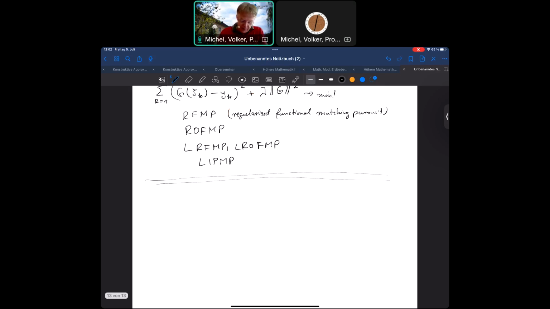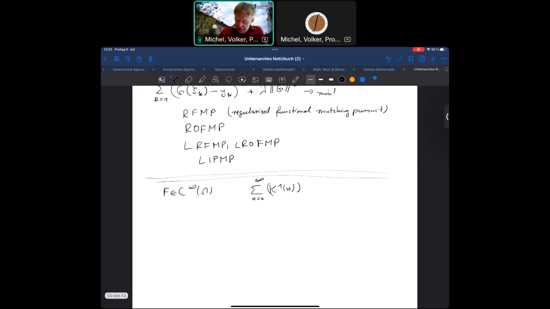You can take all functions in C infinity of omega, for which you require that the sum over n equals 0 to infinity of k hat n to the -1 times the inner product of f and y n j in L2 omega, so it's the orthonormal basis again, the L2 inner product, to the square, should converge.